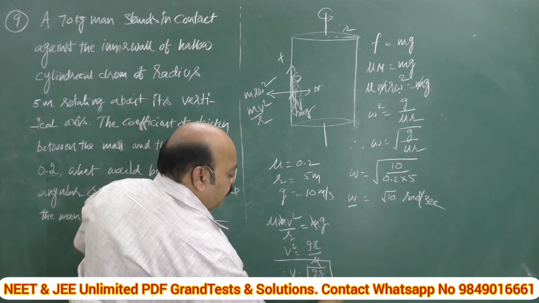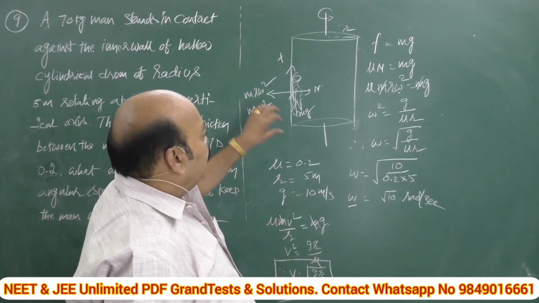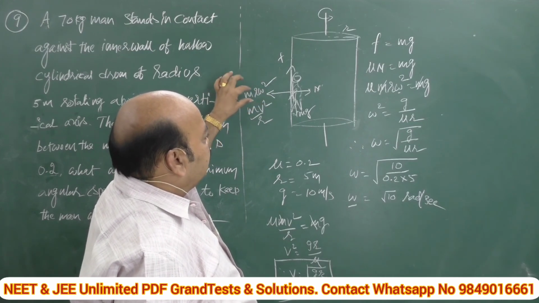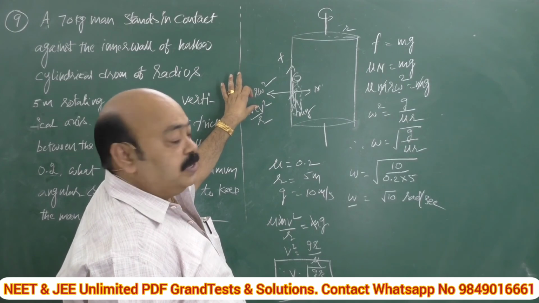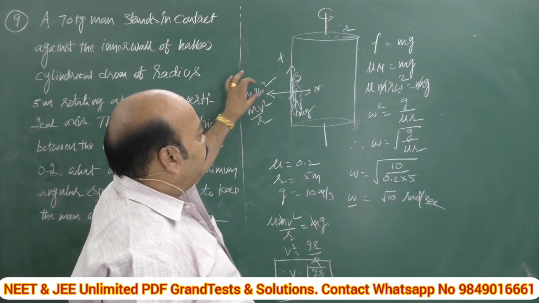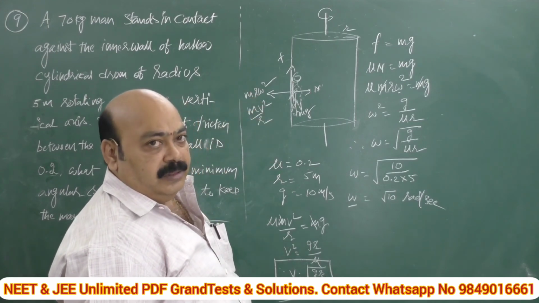That's all. This is the final value. So from problem to problem, from case to case, the only difference is that the centripetal force is expressed in terms of angular speed or in terms of linear speed, v and omega. If it is omega, mr omega square, if it is velocity, mv square by r, that's it.